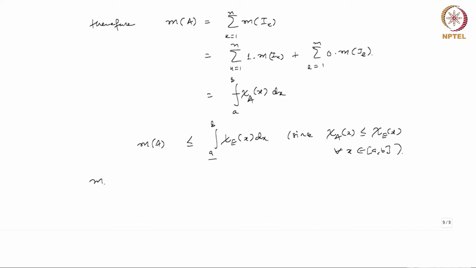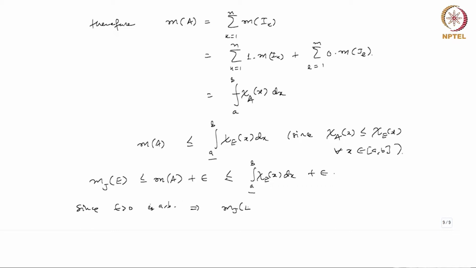So we have that the inner Jordan measure of E, which was less than or equal to M of A plus epsilon, is less than or equal to again the lower Darboux integral plus epsilon, and since epsilon is arbitrary, this implies that the inner Jordan measure is less than or equal to the lower Darboux integral of chi E.